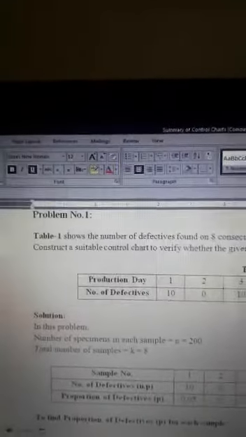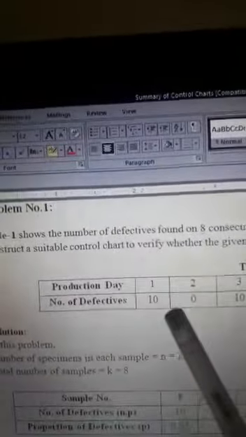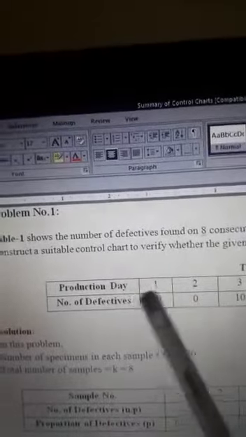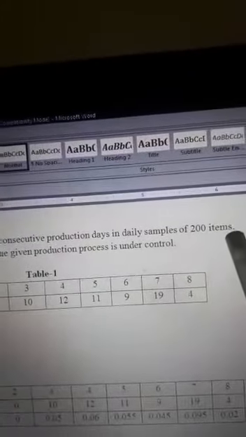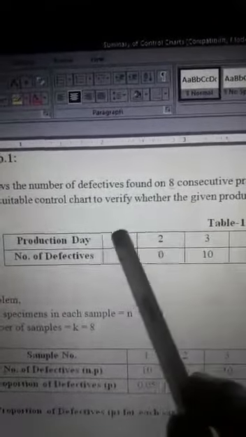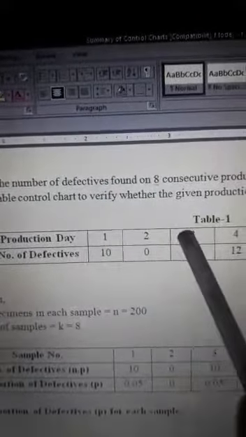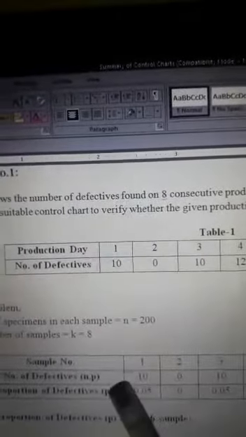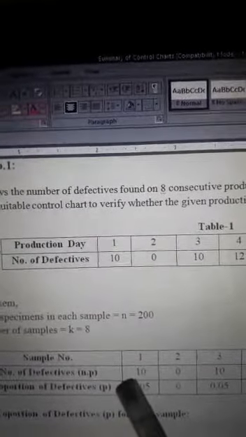Now, next is the number of defectives. What they have mentioned here is daily samples of 200 items. That means the number of specimens in each of these samples is 200, right?